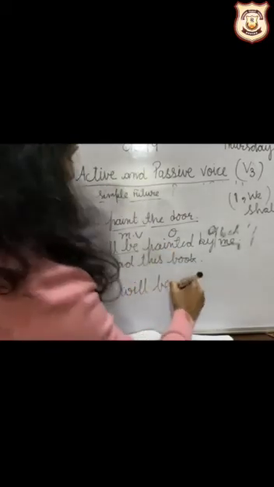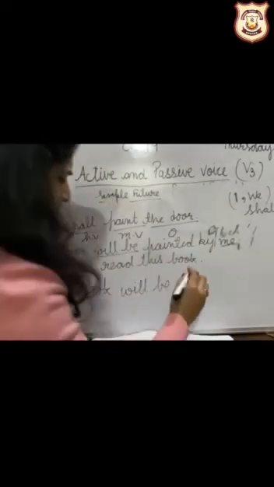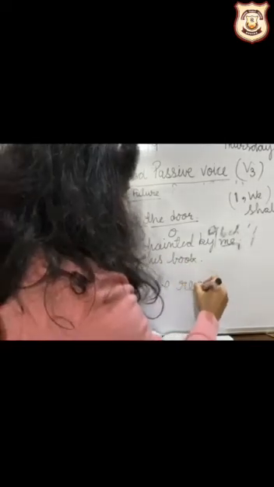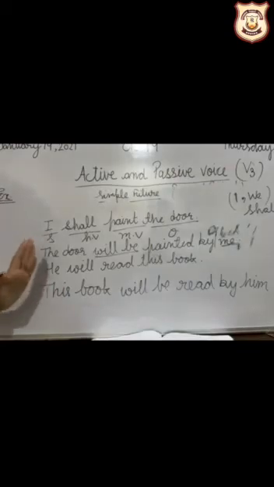It is written like read but pronounced like red. This book will be read by him. Fine. So this is for simple future tense: V3 with will be and shall be.